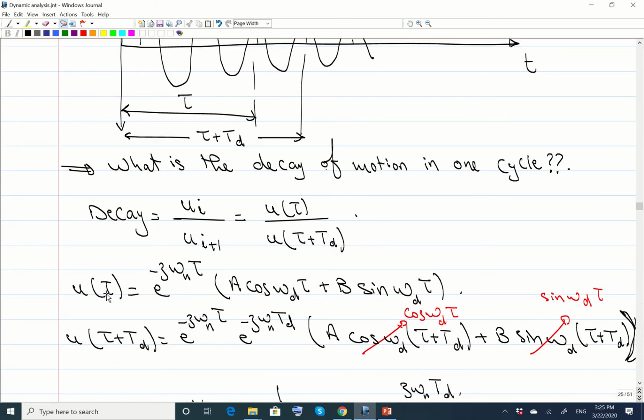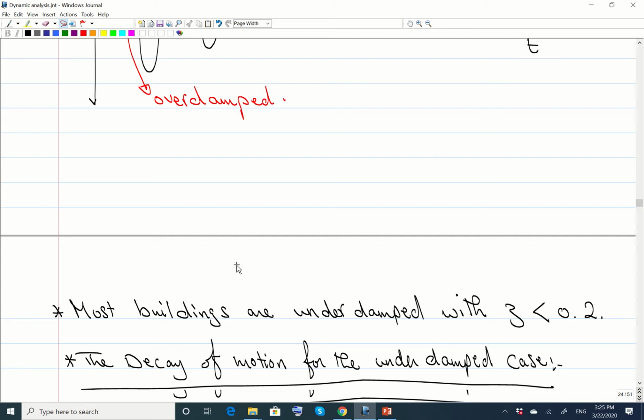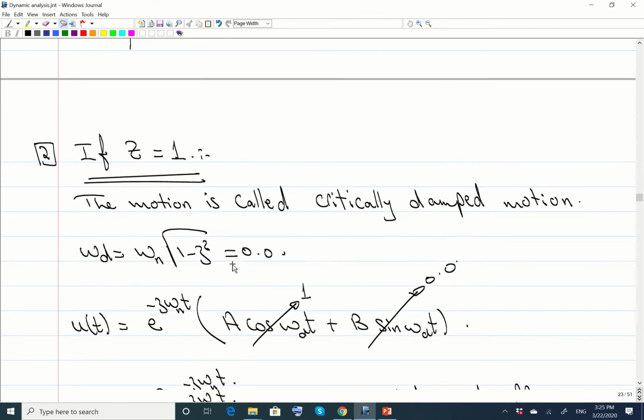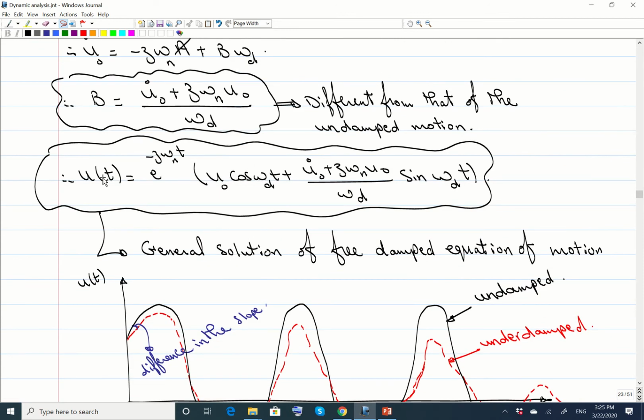So what's u of tau? We found the equation of motion, right? We wrote the equation of motion for an underdamped vibration. The equation of motion is like this: just put t equal tau. So e to the power negative zeta omega n tau, times u naught cosine omega d tau plus u dot naught plus zeta omega n u naught divided by omega d, times sine omega d tau.